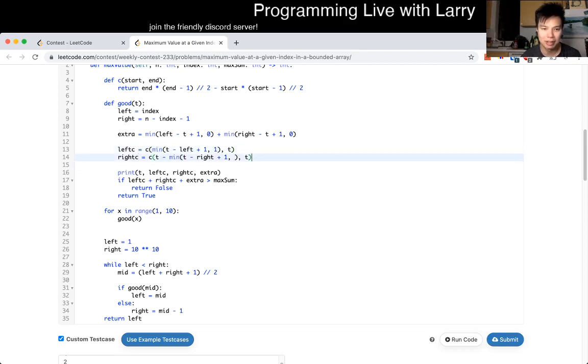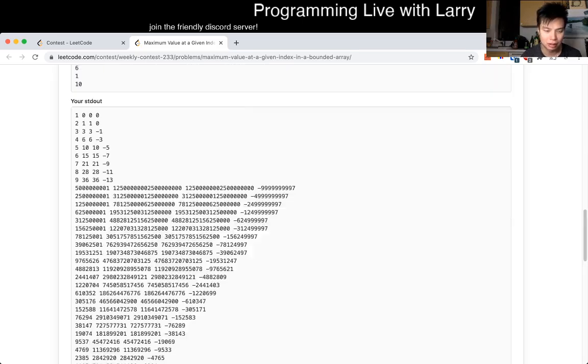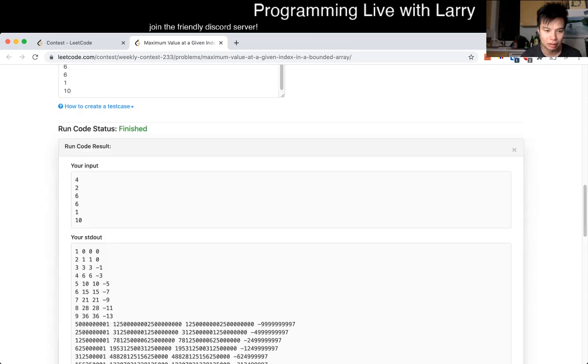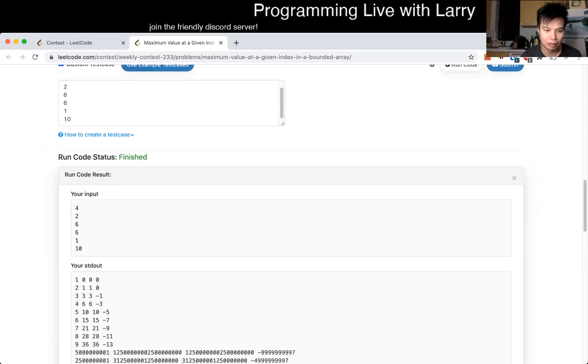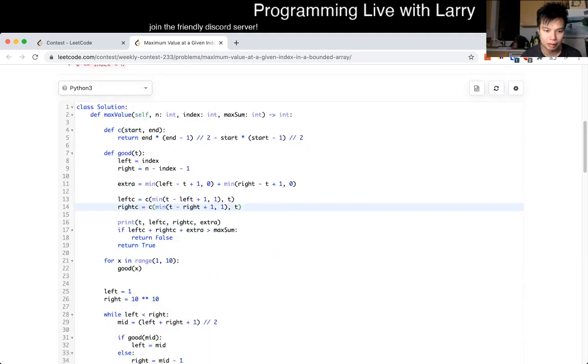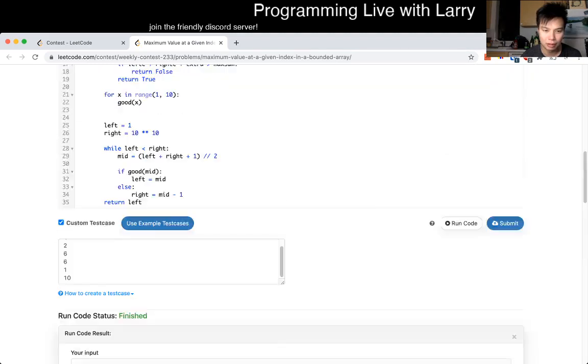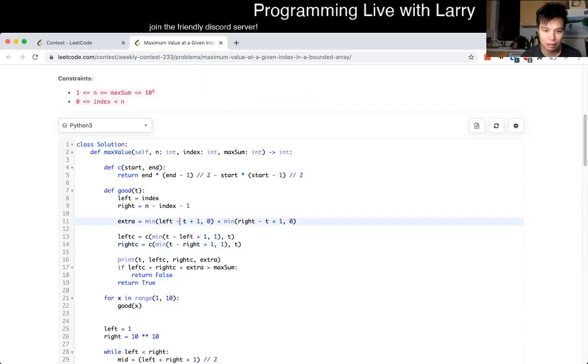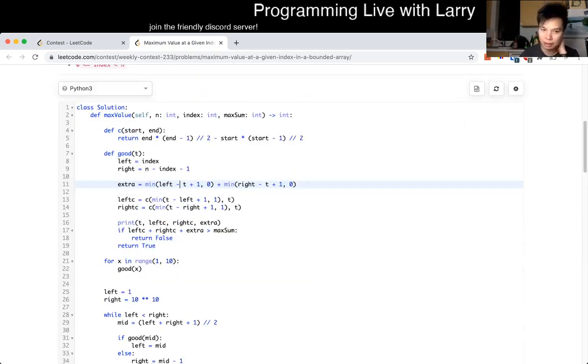Because this part is right, the extra is now wrong, maybe. Well, definitely, but why is extra wrong? So in that case, you have T minus left. So you have left numbers in the right?